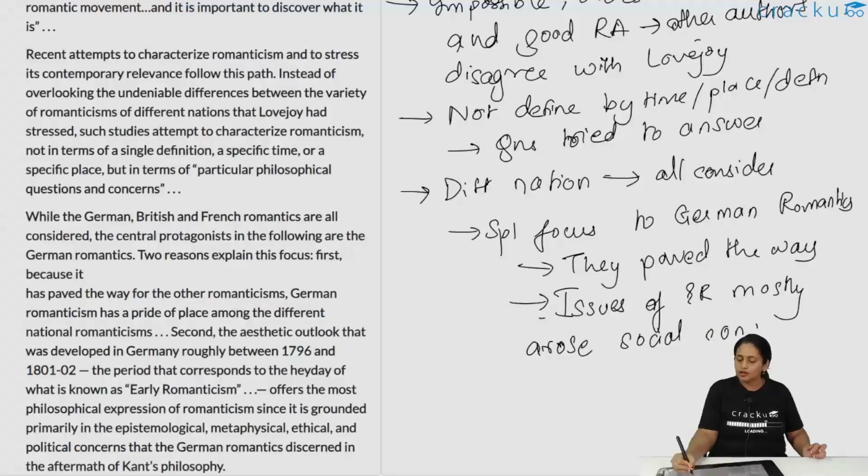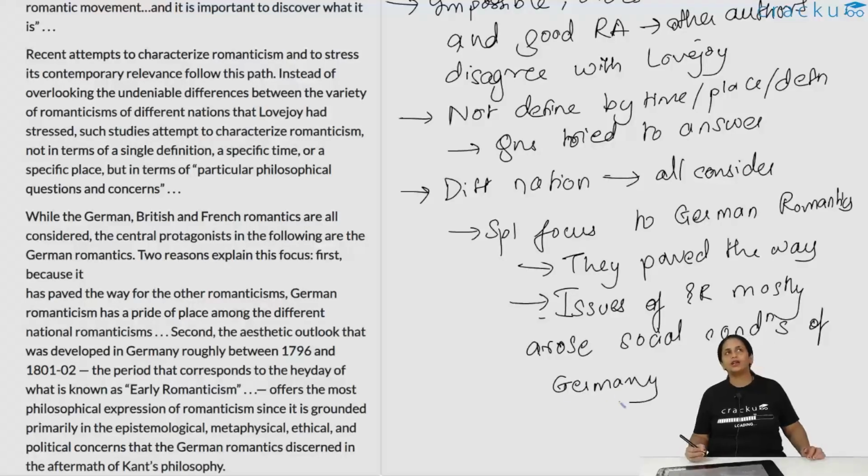So when you try to understand why the romantic movement is the way it is, you will understand it if you understand the social conditions where those concerns arose, and those social conditions were in Germany.